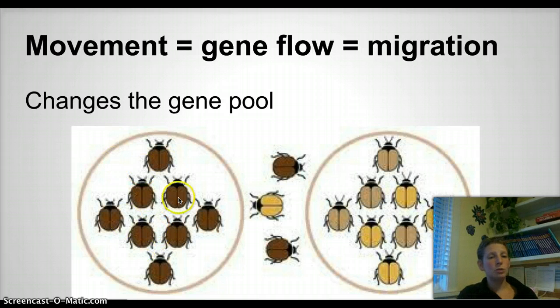So there might be traits within these beetles that aren't expressed at the moment, but because these two have left and there's not as many mating choices, the genes that aren't expressed might, in future generations, look different.